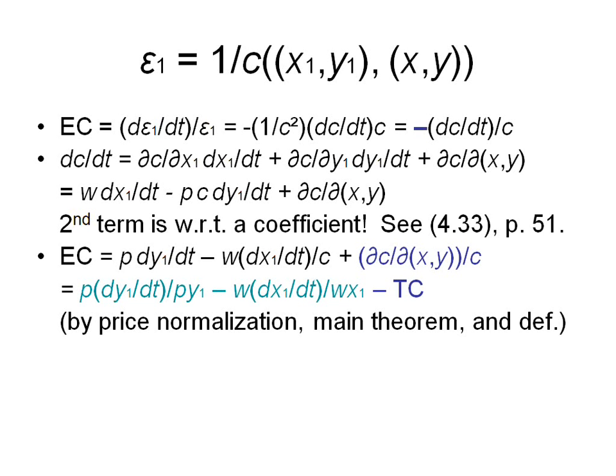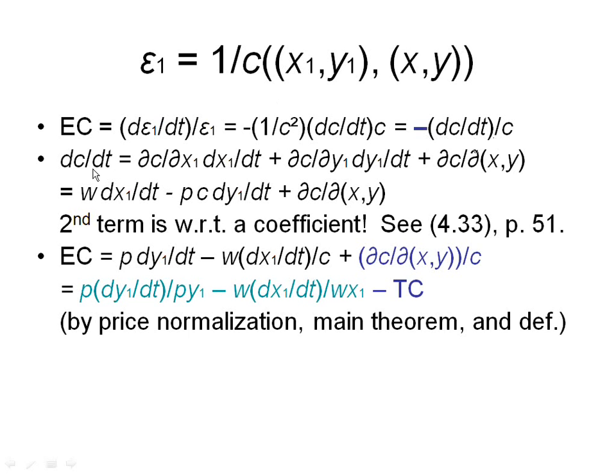And then times dc dt according to the chain rule, and then divided by the right-hand side to make it a percentage. So I divide by 1 over c, that is equivalent to multiplying by c. And then I simplify this, I get minus dc dt over c.